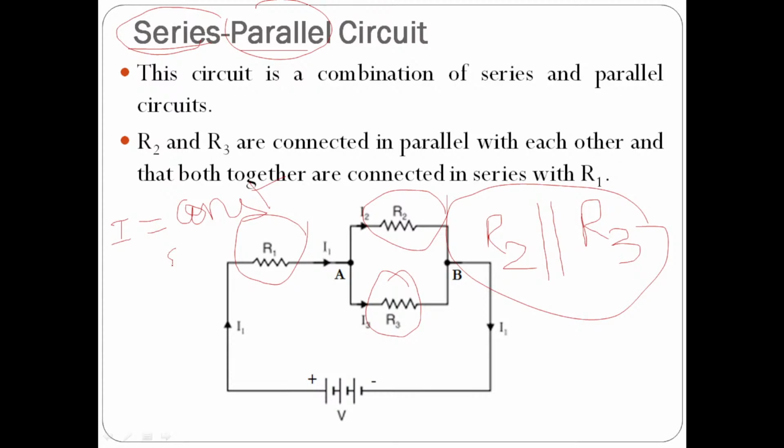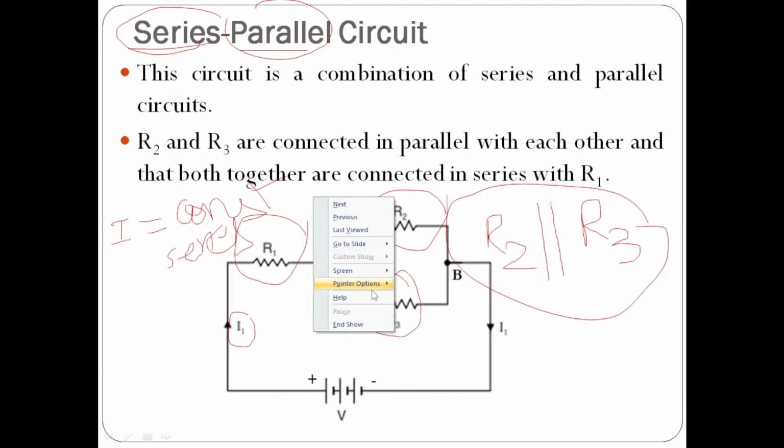Here I have mentioned I1. I1 current is flowing in R1, so what should be the current in R2 and R3? By looking at this diagram itself, we can see the current is dividing. So I will erase all the ink.